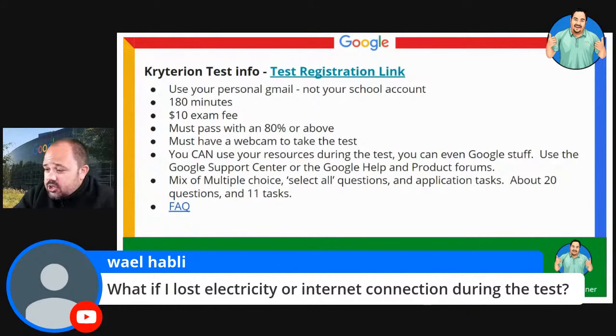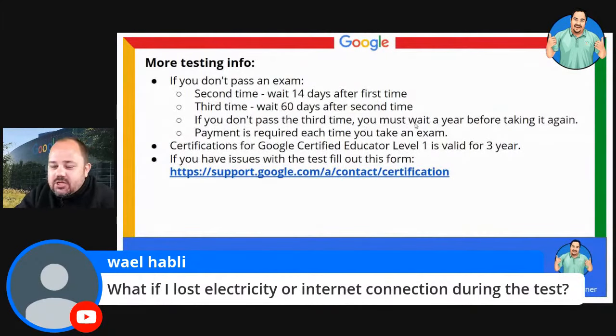One great question that just showed up: what if I lost electricity or internet connection during the test? Ironically, as that question pops up, you need to make sure that you have a stable connection. It shows up on the next slide, but you need to find a time when you're going to have consistent internet.